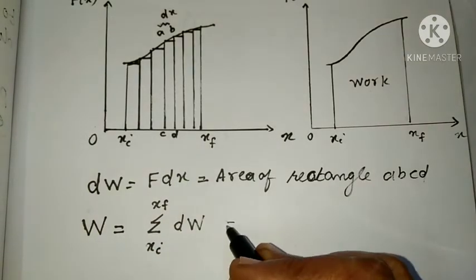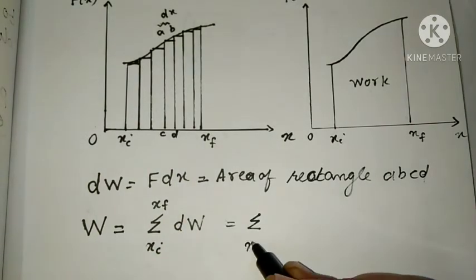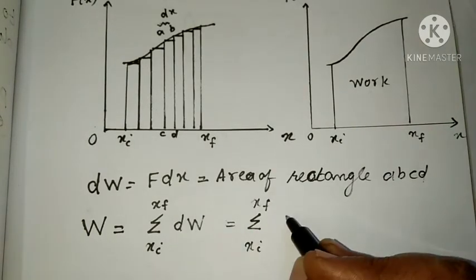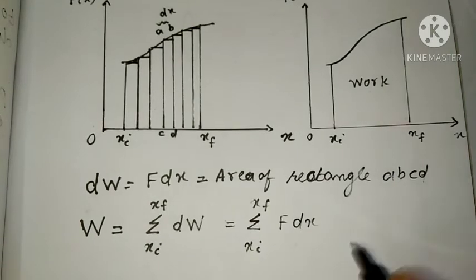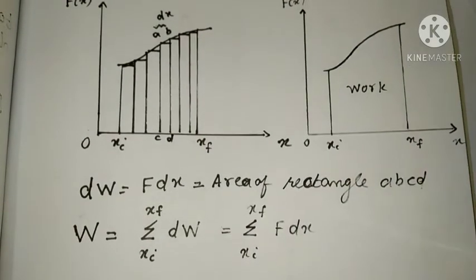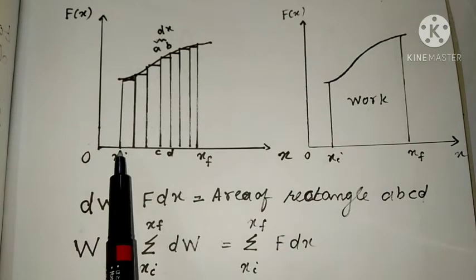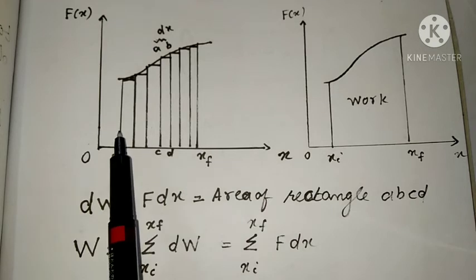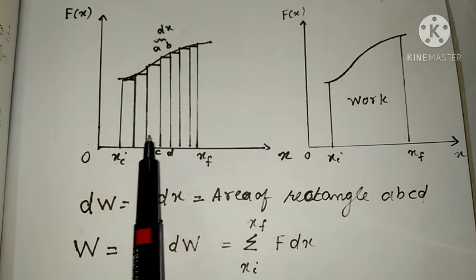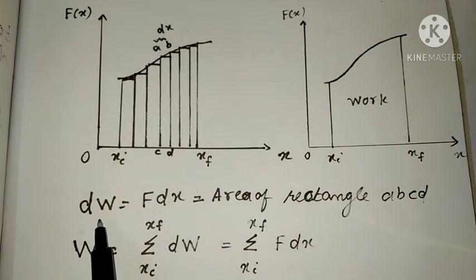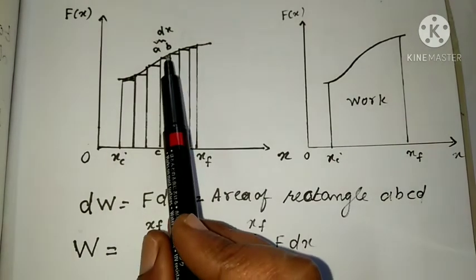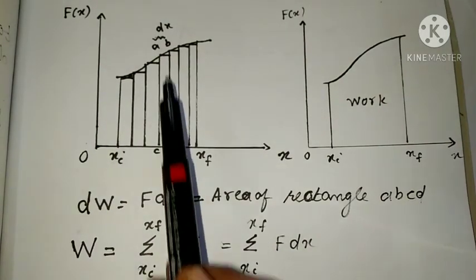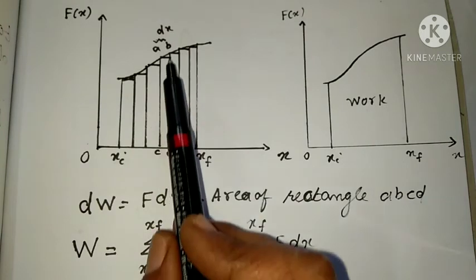That is equal to the summation from xi to xf of F dx, since dw is F dx. This is the sum of the areas of all the rectangles. For one small displacement dx, dw equals the area of the rectangle ABCD.